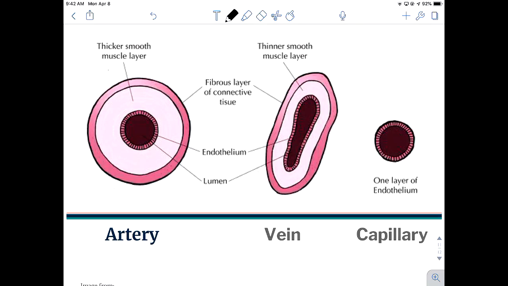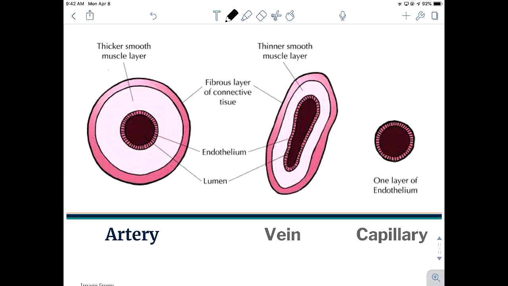The veins also have this muscle layer, but notice that it's much thinner. By being thinner, the vein has less structure and is not as strong. Also, because you don't have as high blood pressure in here, the veins can collapse on themselves more easily and can be restrained. It's very hard to squeeze an artery off, but much easier to squeeze a vein and stop the flow of blood that way. And then we have the fibrous outer connective tissue layer.